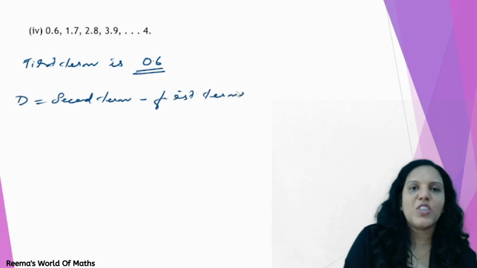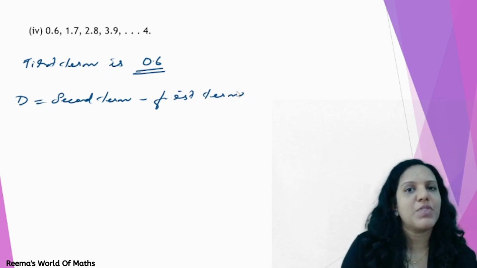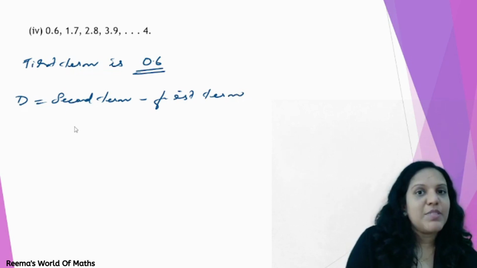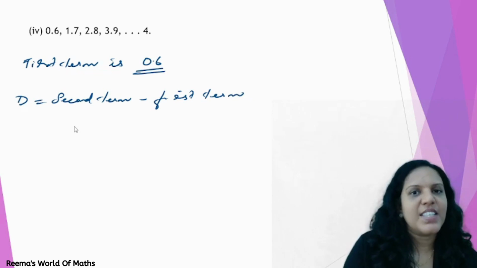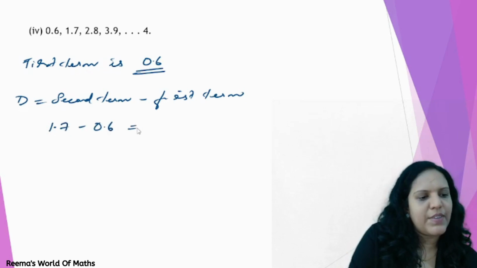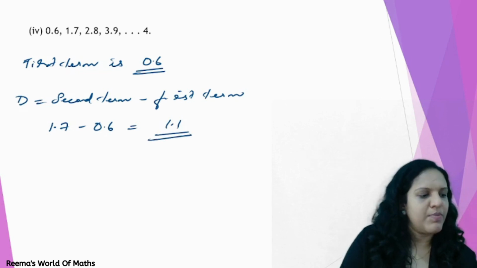We can find the common difference by subtracting the preceding term from the succeeding term of any consecutive terms. So here second term 1.7 minus 0.6 will give you 1.1. So the common difference here is 1.1.